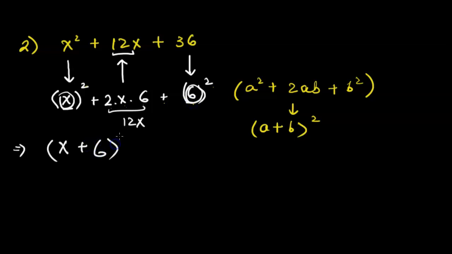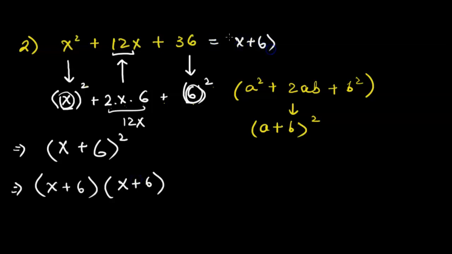The next step is the final step, and that is just writing this in two different brackets. So the answer for x squared plus 12x plus 36 is (x + 6) times (x + 6). And this is how we change a perfect square trinomial to factored form.